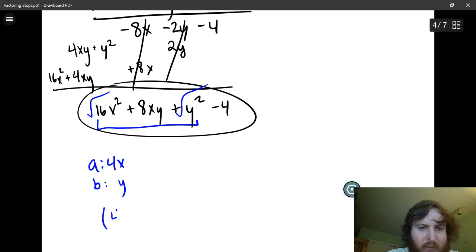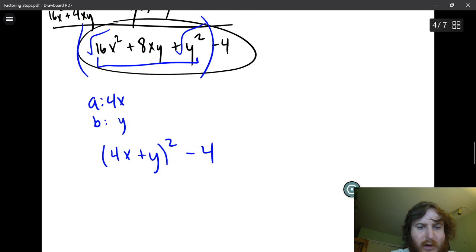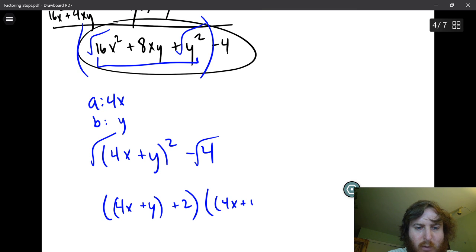So this becomes 4x, right? We're going to group this together: 4x plus y squared minus 4. And so now that can become 4x plus y. And so again, we could square root here, we could square root here. So 4x plus y plus 2, and then 4x plus y minus 2.